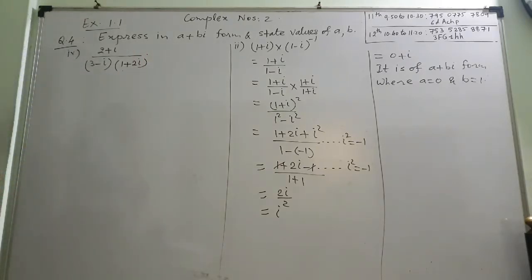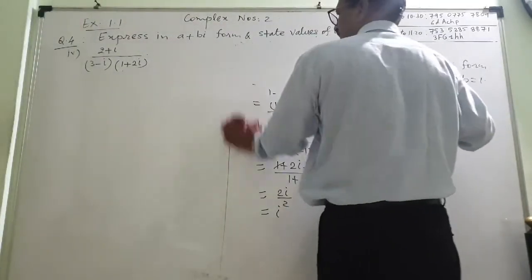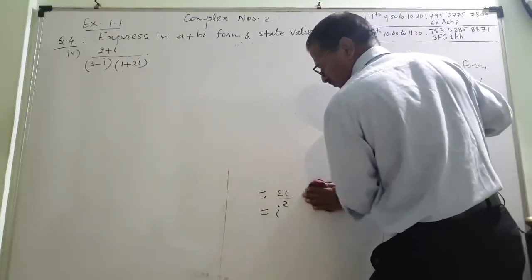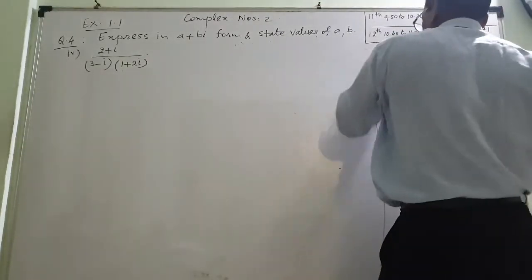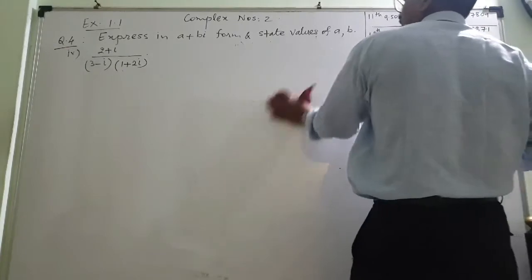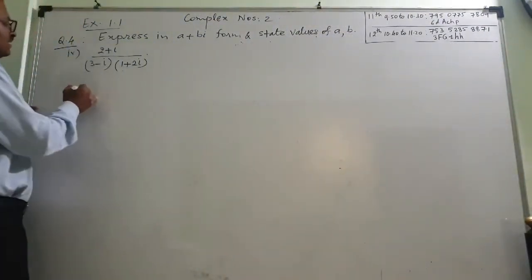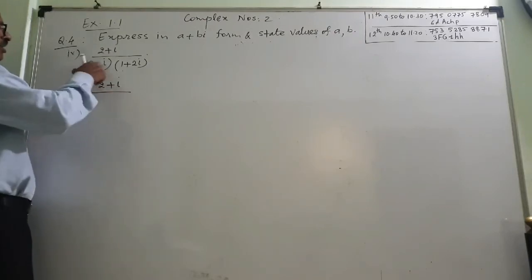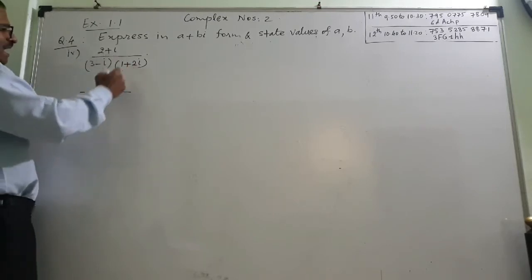I will first of all simplify the denominator. So the denominator will be simplified, and that is equal to 2 plus i upon 3 into 1 is 3, plus 3 into 2i is 6i.